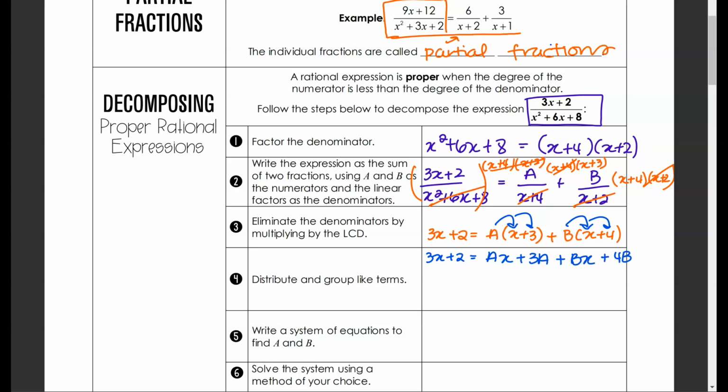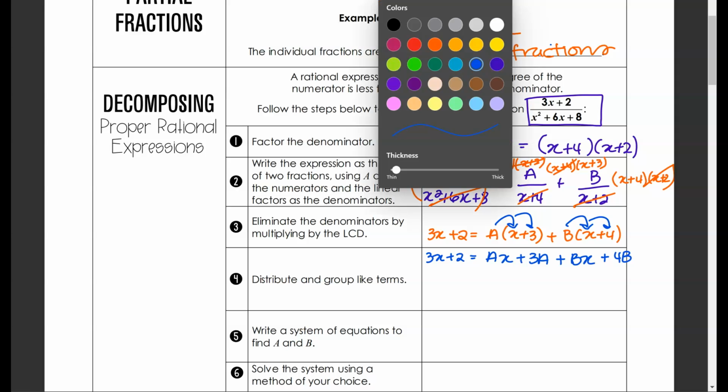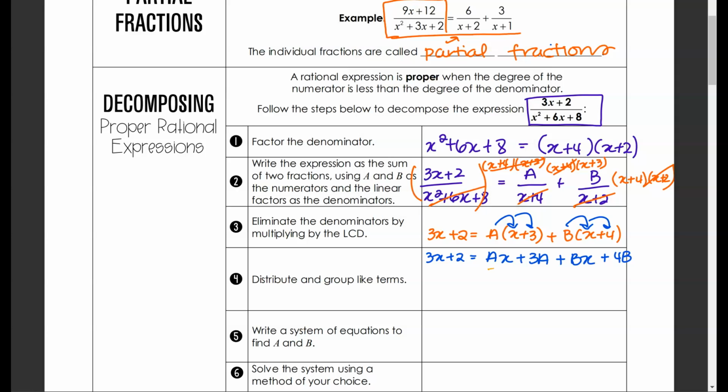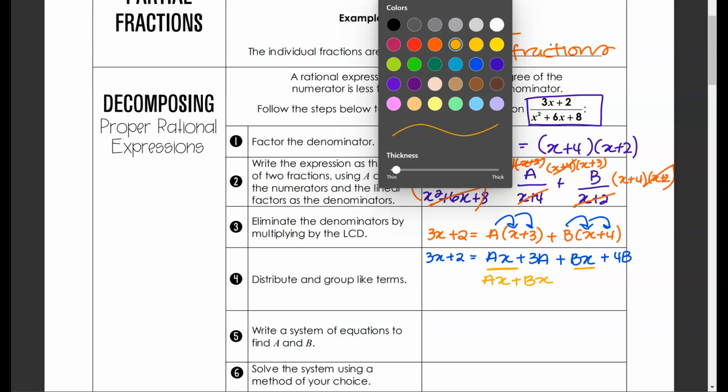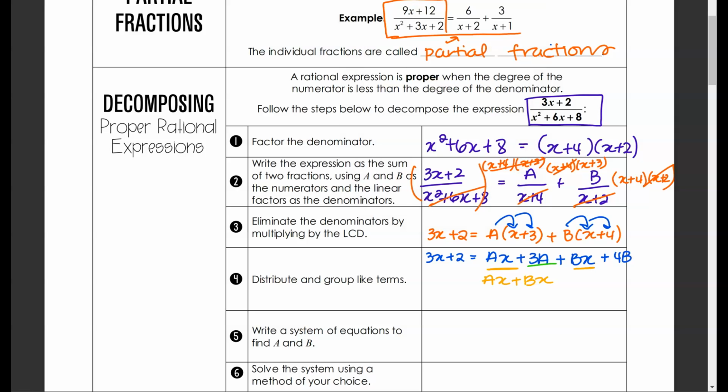Okay, we want to be able to group them, so we want to get all of our x's together, like our like terms. So notice that I have an x here and an x here, so we're going to rewrite this as Ax plus Bx. And then notice that what I'm left with are constants, so I have 2A and 4B. Okay, and that is equal to 3x plus 2.